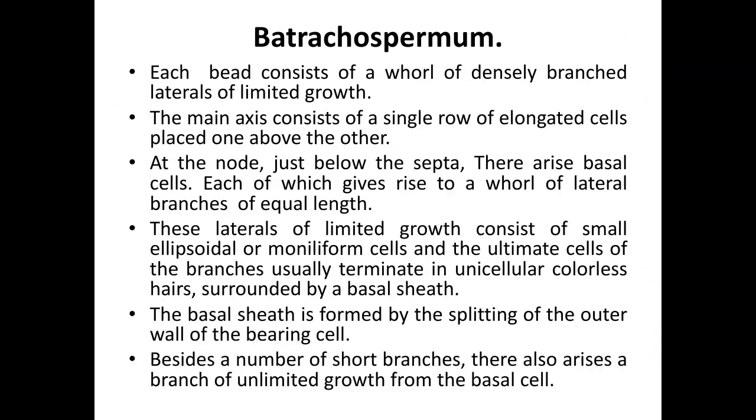At the node, just below the septa, there arise basal cells, each of which gives rise to a whorl of lateral branches of equal length. These laterals of limited growth consist of small ellipsoidal or moniliform cells, and the ultimate cells of the branches usually terminate in unicellular colorless hairs.